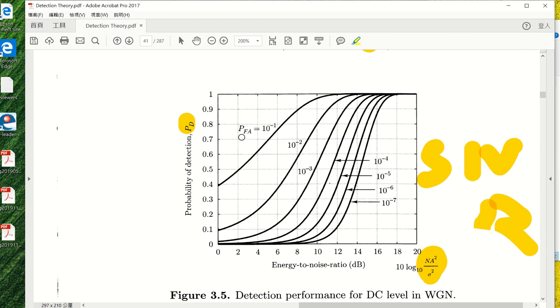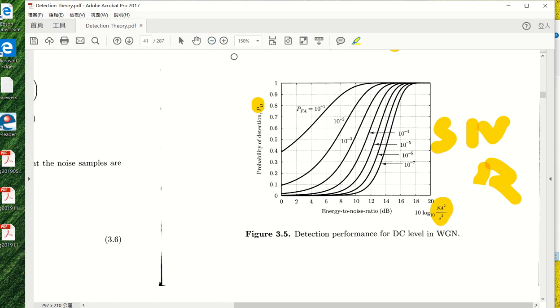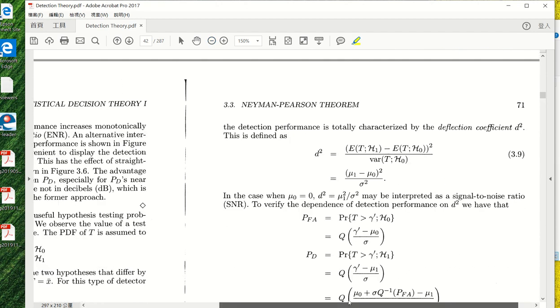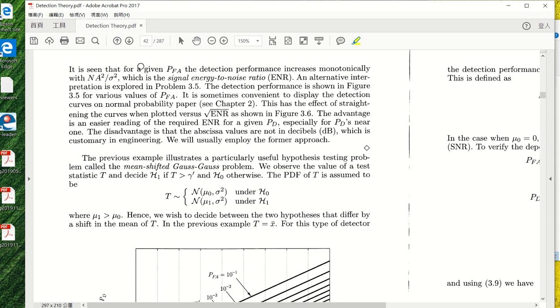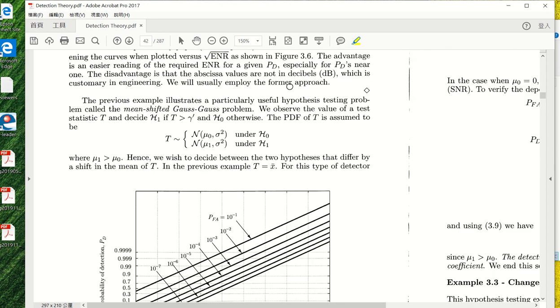Oh no. You have better PFA, meaning the less PFA, then you have worse PD. 就是 PFA 越小，代表 PFA 越好，那你的 PD 就越小。这跟我们先前谈到的那个 trade off 是不是一致的嘛？对吧？一致的，就是你 PFA 跟 PD 是一个 trade off 这样子。Okay, so that's the criteria, the you see here with the signal energy to noise ratio.